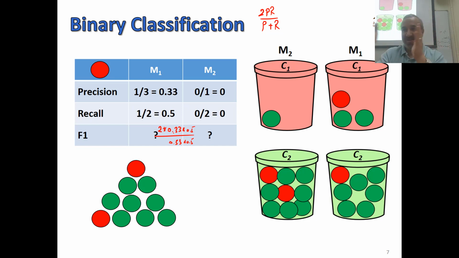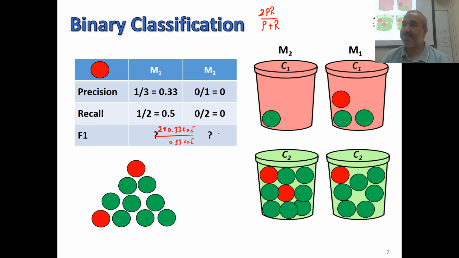It cannot be outside 0.33 and 0.5. By the way, that's another check. If you got 0.7 in this case, you know that there is something wrong. It will always be between them, but it is closer to 0.33 than 0.5.